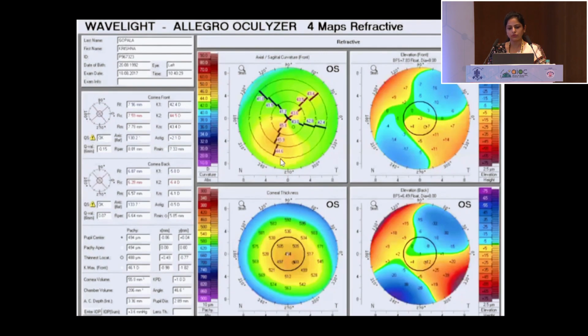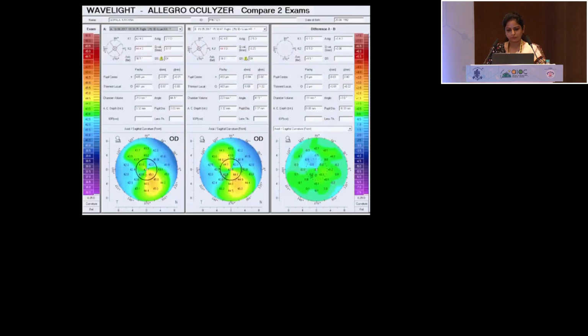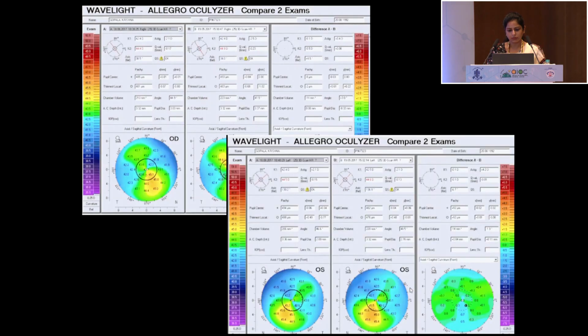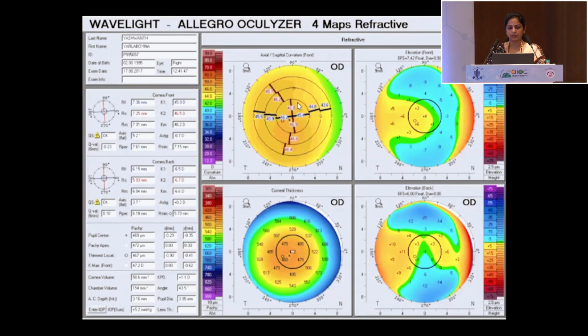The other eye also shows some sort of inferior thinning. You definitely will not proceed with a refractive procedure, but what you will do is keep the patient on regular follow-up. On follow-up also, the patient had maintained the same type of keratometry findings. This patient cannot be taken up for a refractive procedure.